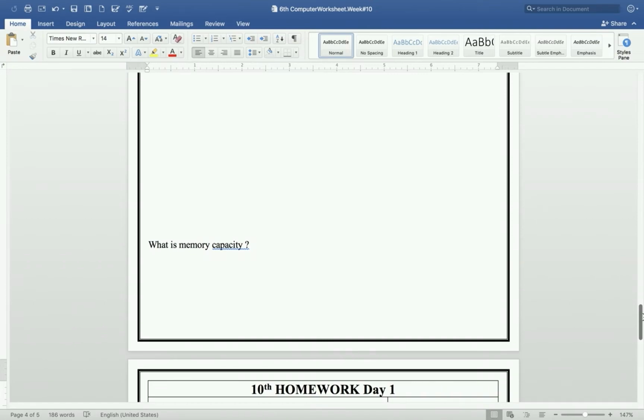Yes, for measuring of computer digital information, we use bytes and bits. This is the basic unit of information, like KB, MB, GB, TB. These are the measuring storage capacity. You will write here.